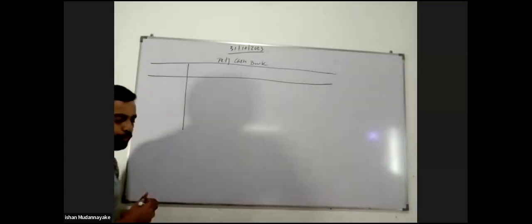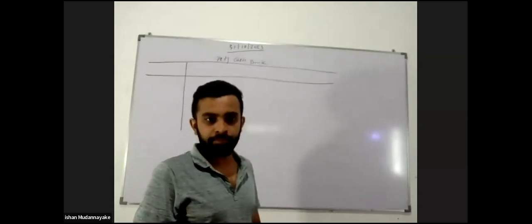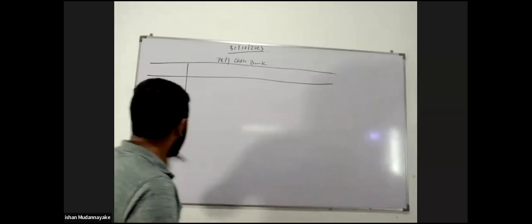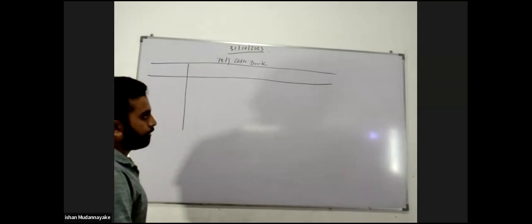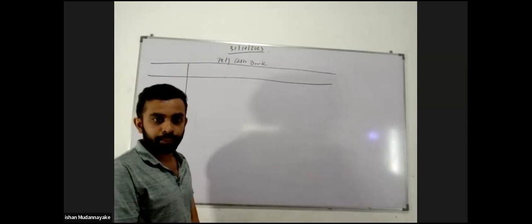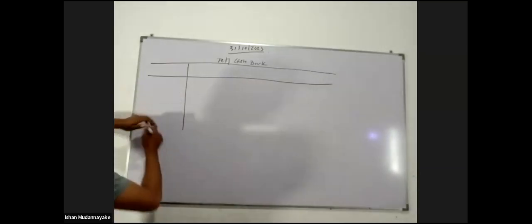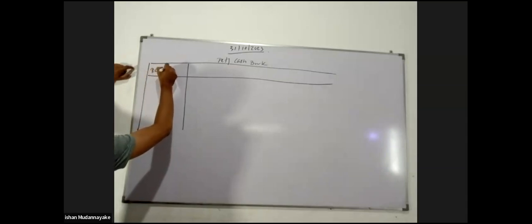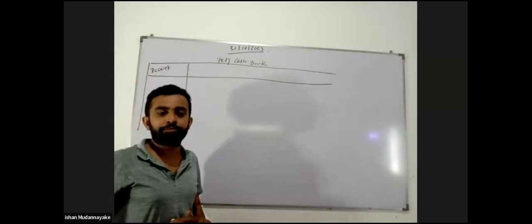Now, in the cash book, on the debit side we record cash receipts, cash inflows. On the debit side we can record the cash receipt from the main cashier.